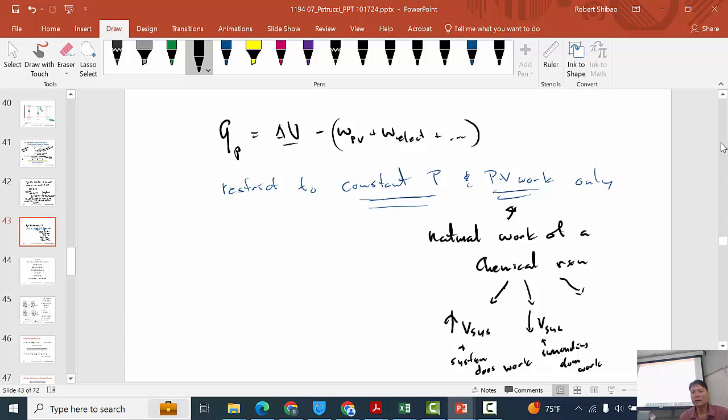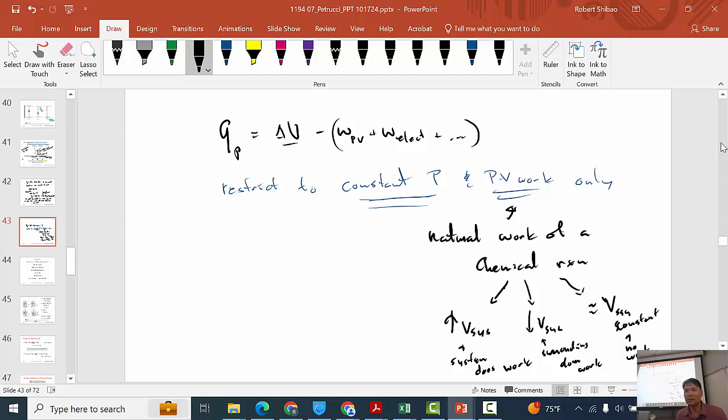The last scenario is, let's say there's no gas formed and the volume of the system is fairly constant. Then no work is done under constant pressure. This would be like if we took 50 milliliters of hydrochloric acid and added 50 milliliters of sodium hydroxide solution, then there's no work done because there was no change in the volume.